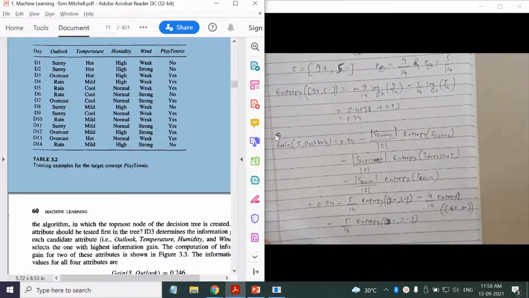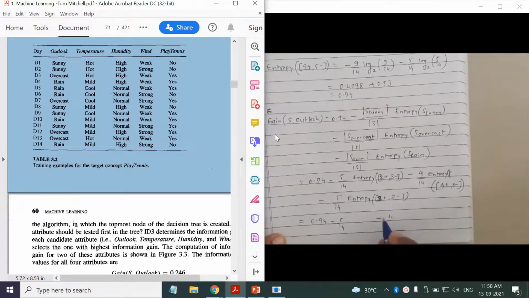So minus 5 divided by 14. I will substitute the values, calculate the entropy score separately, and put the values here to calculate the final score.